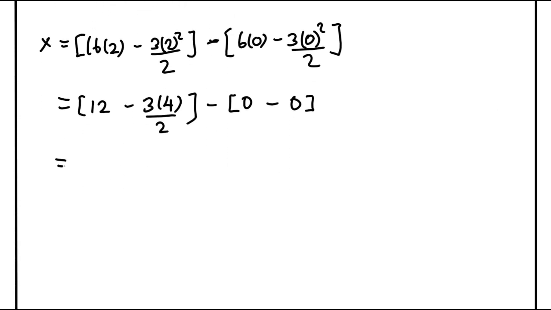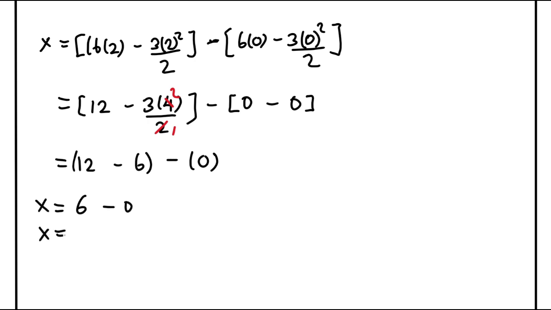This gives us 12 minus, we can cancel 2 here and we have 1 there, leaving us with 12 minus 6 minus 0. This gives us 12 minus 6, which is equal to 6 minus 0. This gives us a displacement of 6 meters.